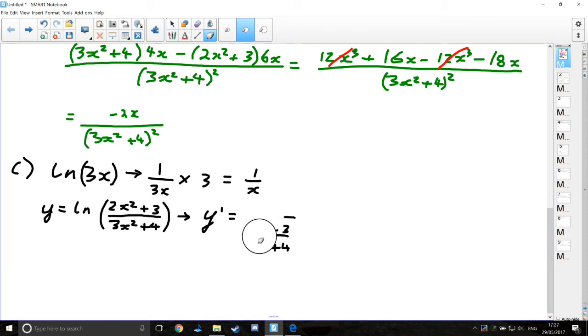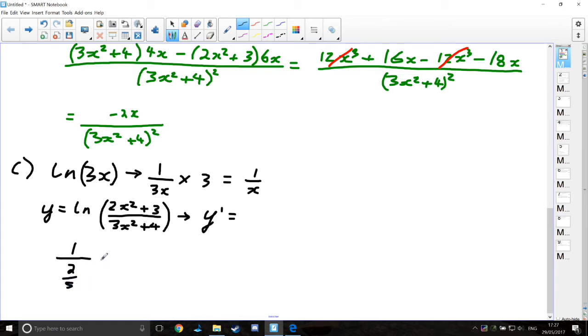What I'll do is, if we want 1 over this here, that's the same thing as just flipping the entire fraction around. So, for instance, if you've got something like 1 over 2/5, the answer to that, you can type it in a calculator to check for yourself, is 5/2. It's literally just flip what goes on the bottom. So that's what I'm going to do.